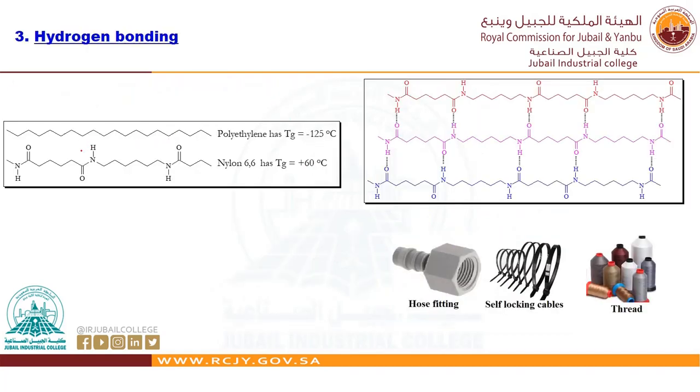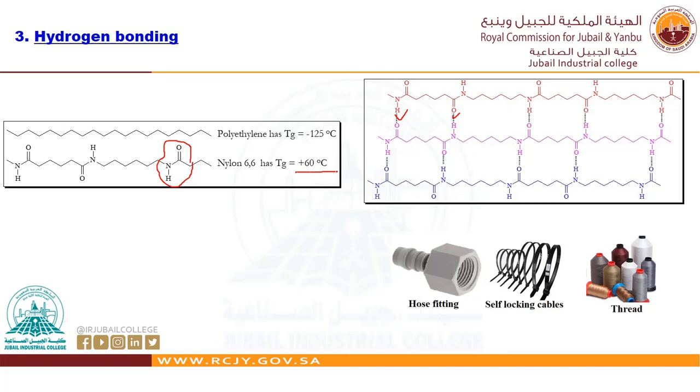Similarly, when you have hydrogen bonding, for example, this is polyethylene. It has only CH2, but this is nylon. It has a functional group, and this functional group leads to hydrogen bonding. That is, the chains are connected due to hydrogen bonding, and that will reduce flexibility, and reduction in flexibility means high TG.